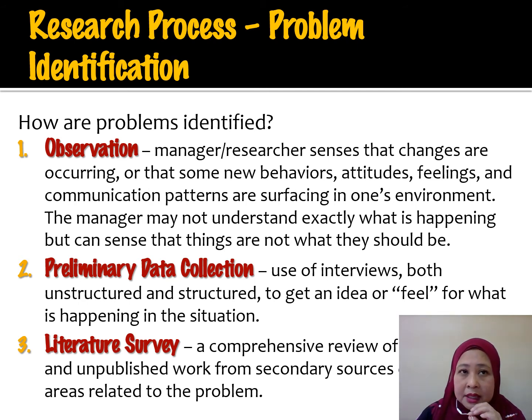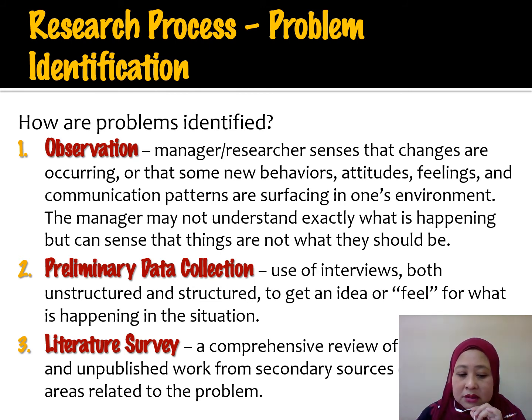For example, you go to one setting and interview a relevant person to see your intuition. Then from there, you can get an idea of what is happening in the situation. From there, you might settle your problem.